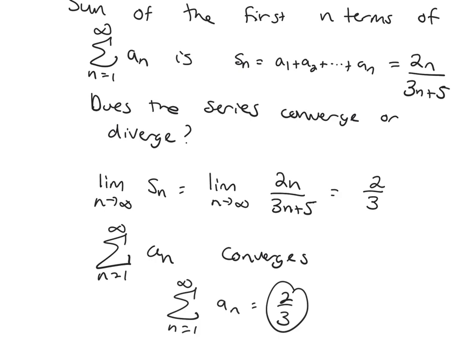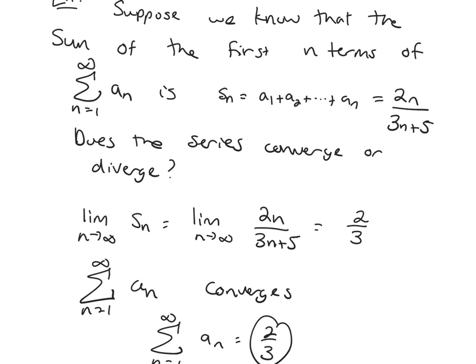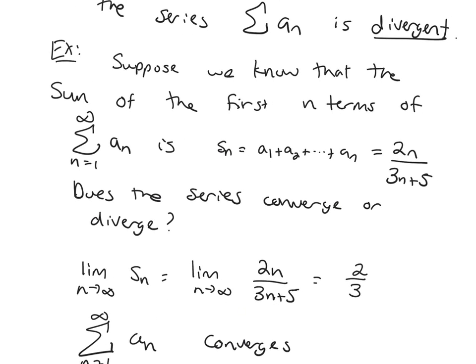So this example, the problem that was given to me, was really nice because they already gave me a formula for S sub n. I didn't have to find that formula. I didn't have to start adding terms and find the formula, like when we did our two previous examples, where I had to find a pattern for those partial sums.